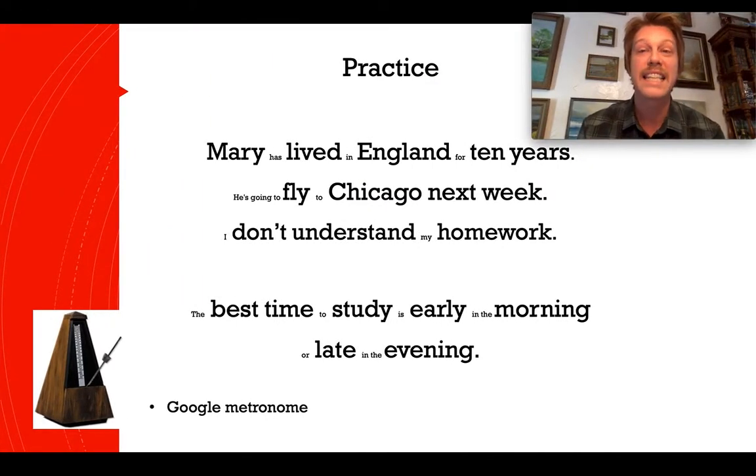So let's try and say these sentences on rhythm. First one, Mary has lived in England for 10 years. He's going to fly to Chicago next week. I don't understand my homework. The best time to study is early in the morning or late in the evening.